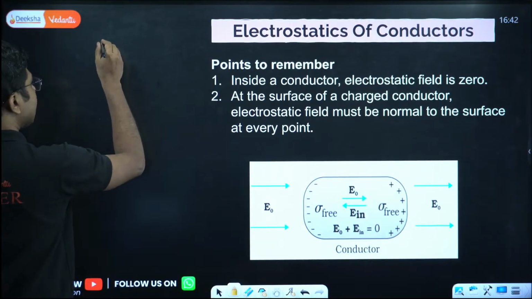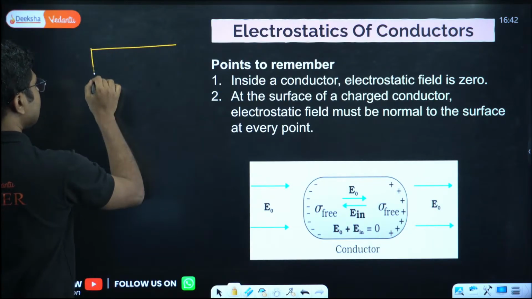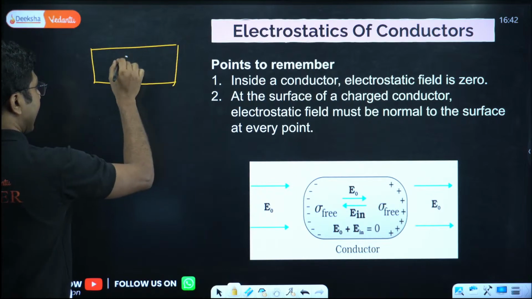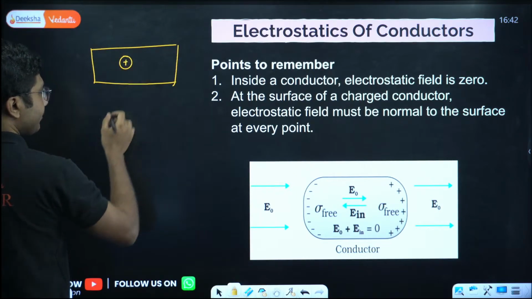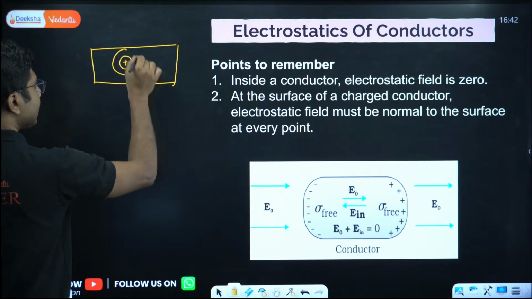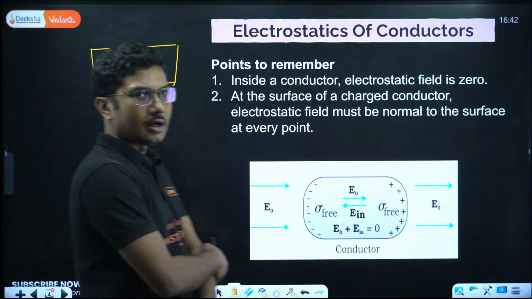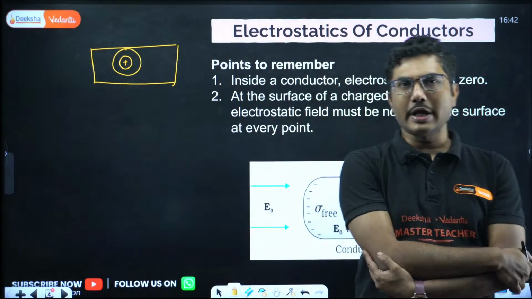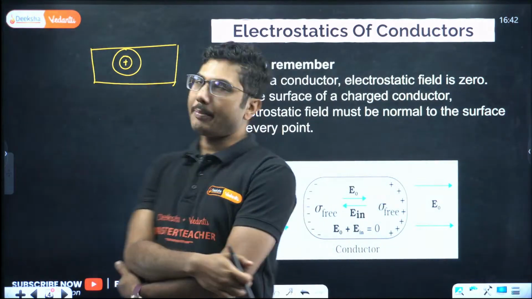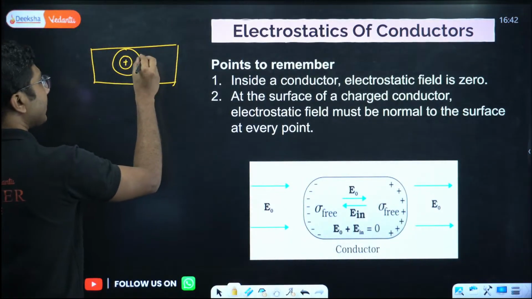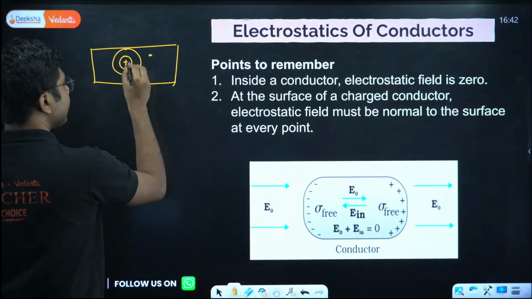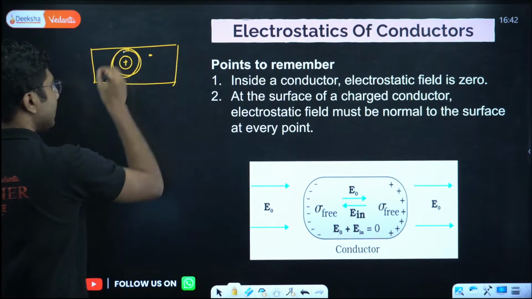A conductor basically consists of atoms which have a positive charge, with some electrons orbiting around the nucleus. That is the structure of the atom. Now some of the electrons are already free, so what is left is basically an ionic atom.